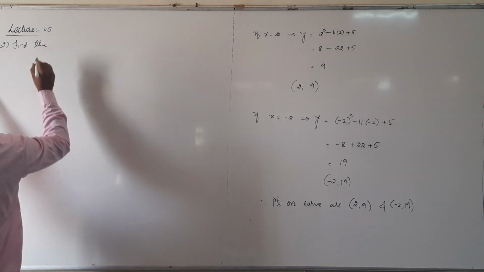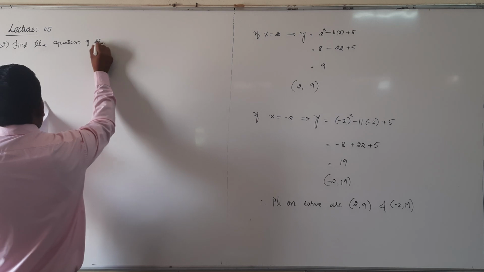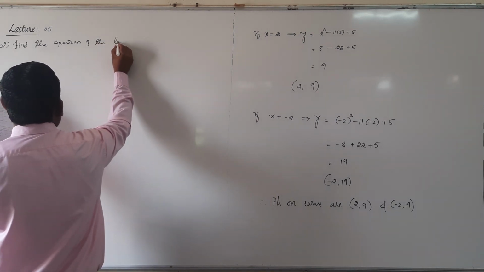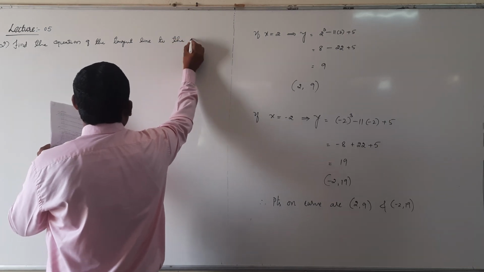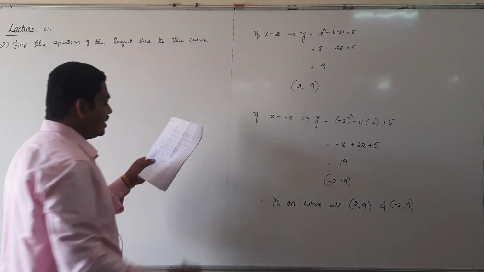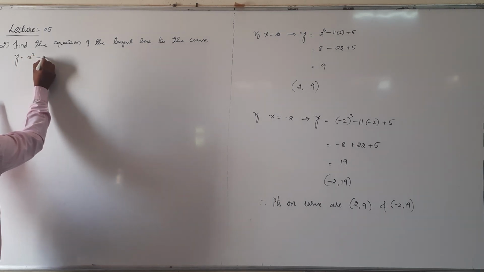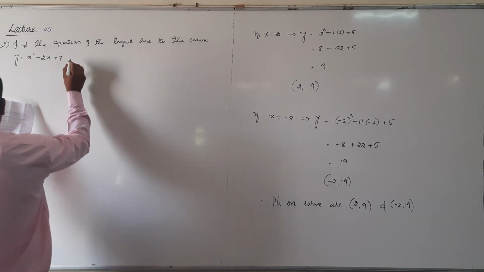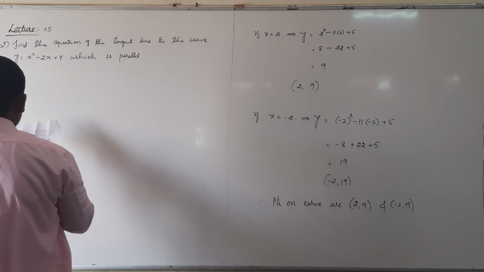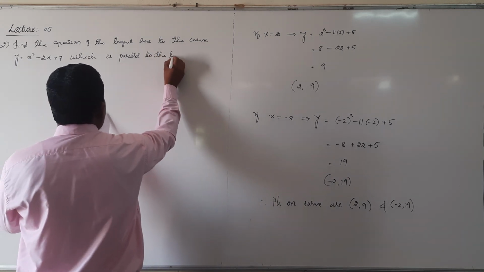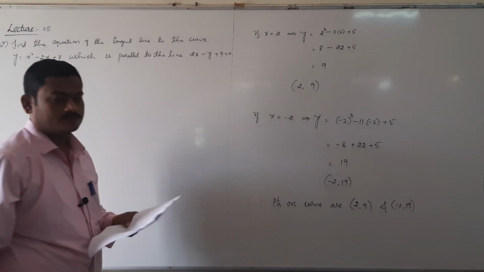Find the equation of the tangent line to the curve y is equal to x square minus 2x plus 7, which is parallel to the line 2x minus y plus 9 equal to 0, right?